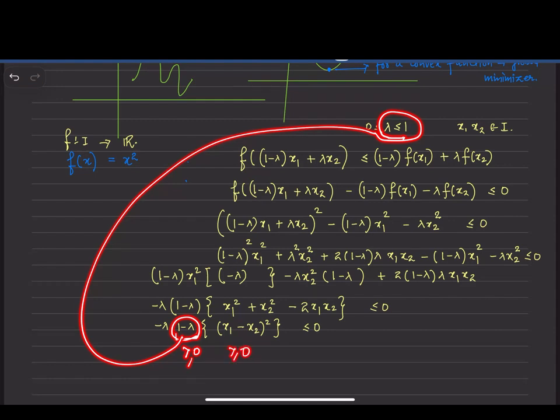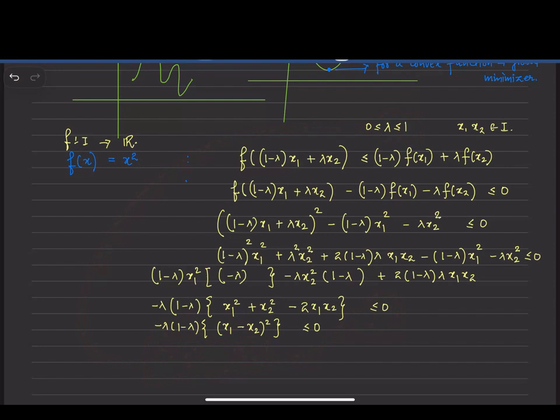This is non-negative, lambda is non-negative, but the minus sign before that makes everything negative, so that is obviously true. So this implies this is non-negative, this is non-negative, you are multiplying, and you're multiplying with a negative.